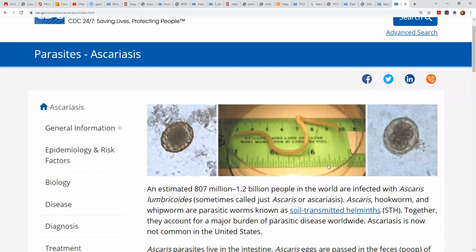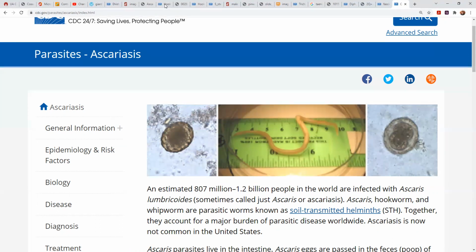They're not that large, but as you saw, the females produce a lot of eggs, and these eggs hatch, and you'll get what's called a bolus of worms. You just get this mass of tens or hundreds of worms, and that can lead to an intestinal blockage.